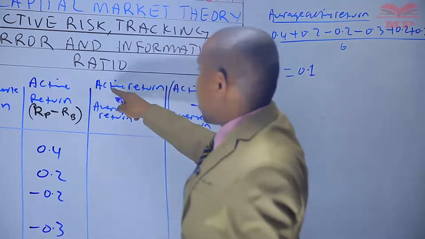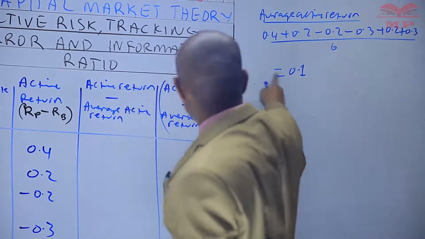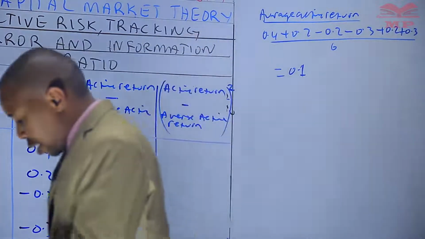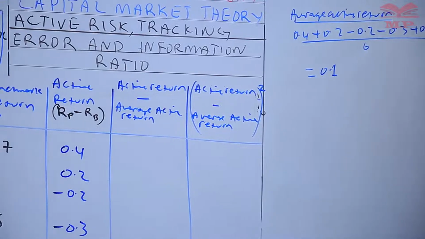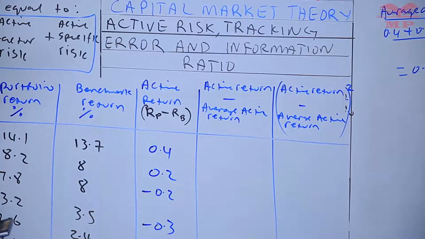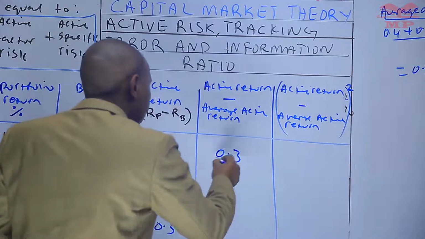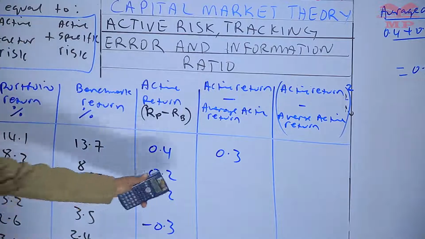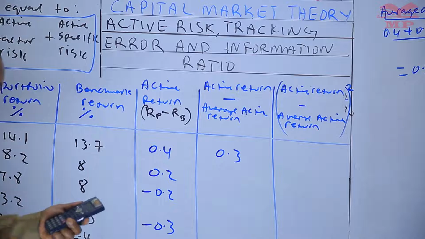So you say active return, which is 0.4, minus average active return, which is 0.1. How much do we get? So that's what we are going to be getting through this column right over here. 0.4 minus 0.1, we get 0.3. Then 0.2 minus 0.1, of course, that's going to be 0.1.